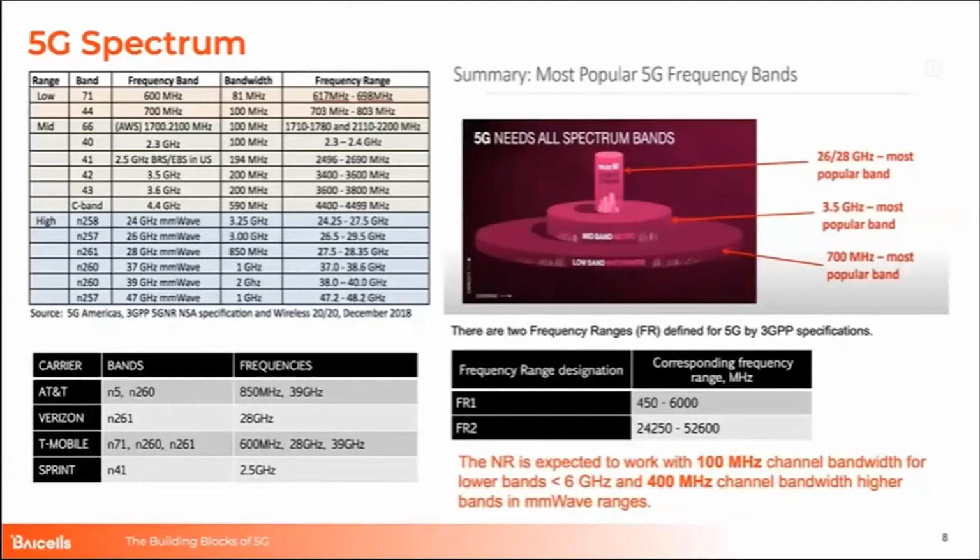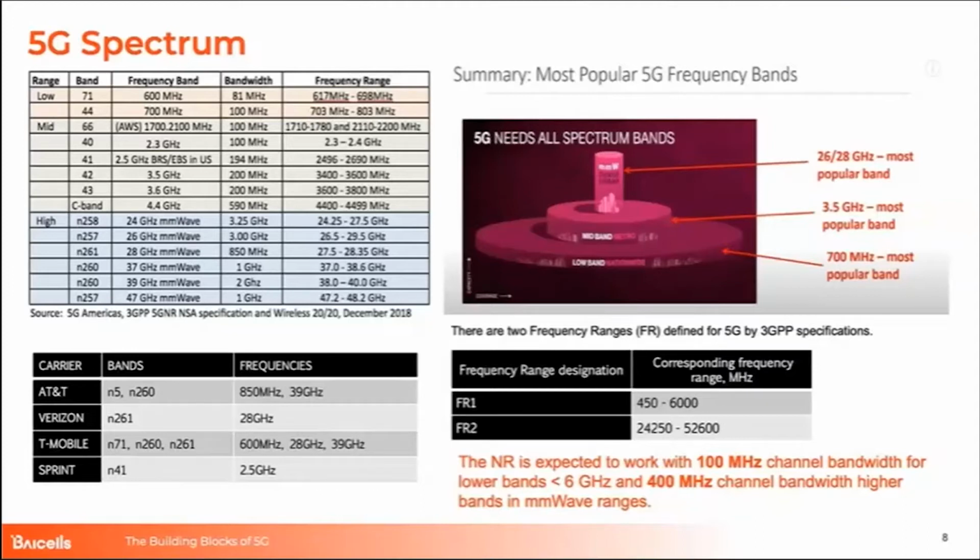This will give you a balance between coverage and throughput. Then you have the high frequencies or the millimeter wave that's usually in urban, dense areas. This will give you the actual high throughputs, but it won't penetrate, and the coverage is not that high.